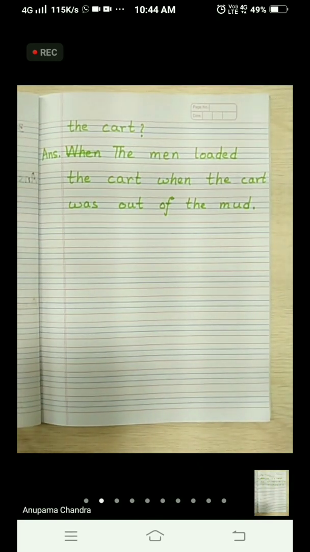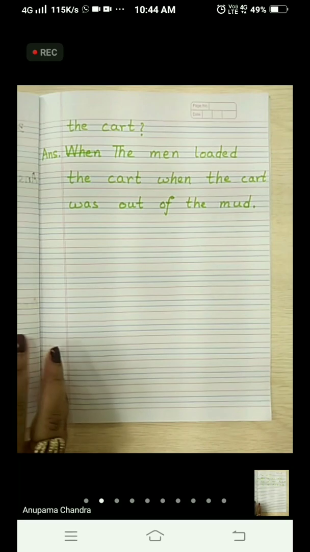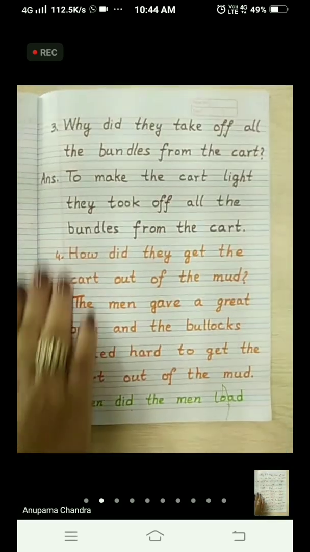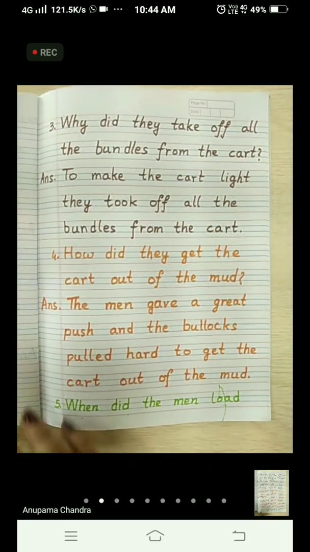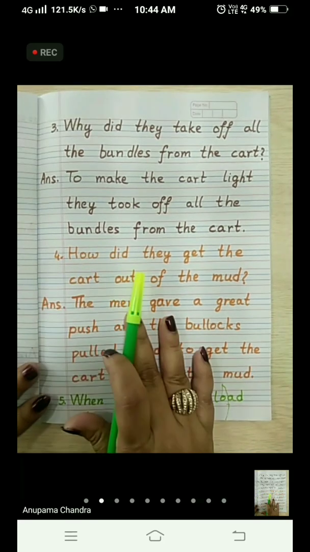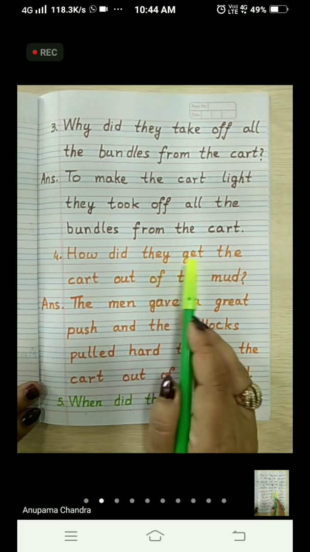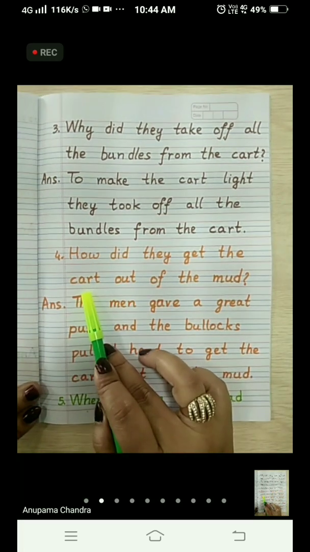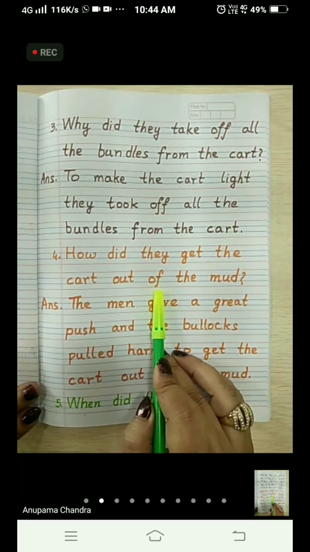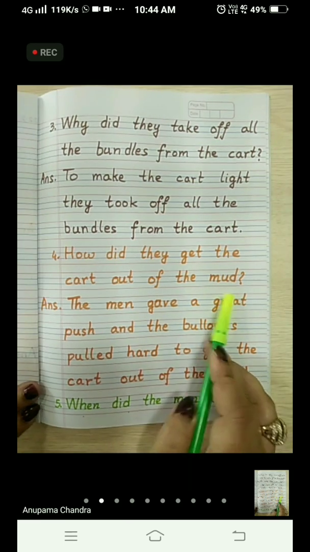Okay, let's go through question number 4 and 5 once again. Repeat after me, children. How did they get the cart out of the mud?